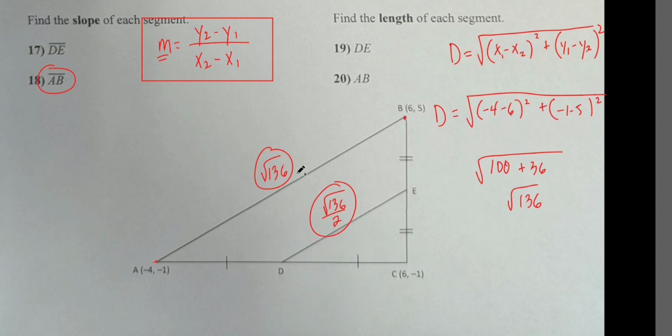Just keep it square root of 136 over 2. Now, what if this came out to like the square root of 400? Yeah, that can simplify. What times itself is 400? 20. 20 times 20 is 400. Agreed? So this would be 20, and this would be 10. But if it comes out real weird like that, just keep it like that, and you're good to go.